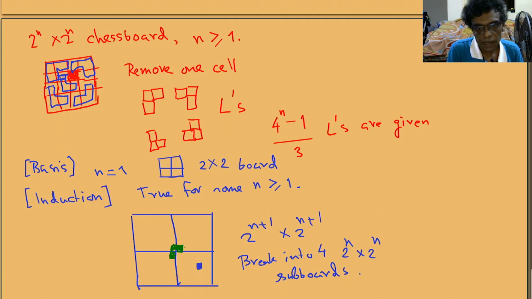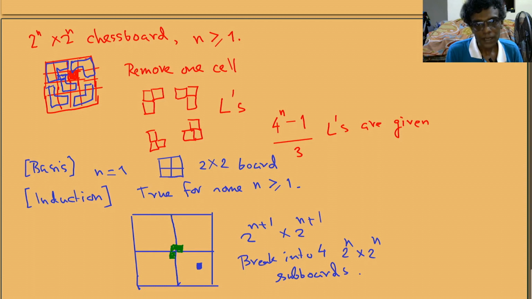Because the removed cell is here, so I am just choosing the other 3. If it is here, I have chosen this, this and this. Since this is here, I am choosing this. And temporarily I am removing this. Now I have a situation where each of the sub boards has 1 cell removed.